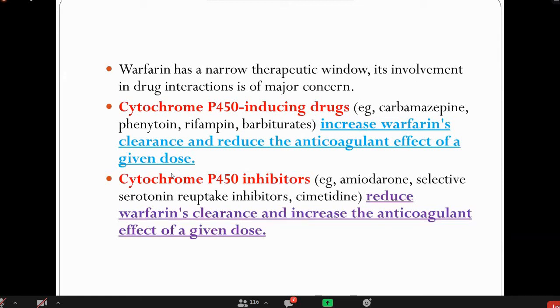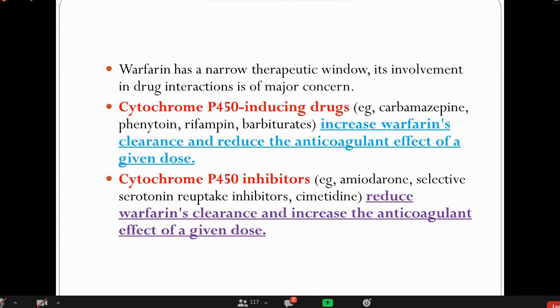Cytochrome P450 enzyme inhibitors like amiodarone, selective serotonin reuptake inhibitors and cimetidine decrease warfarin clearance, because the metabolism of warfarin is necessary for its elimination.